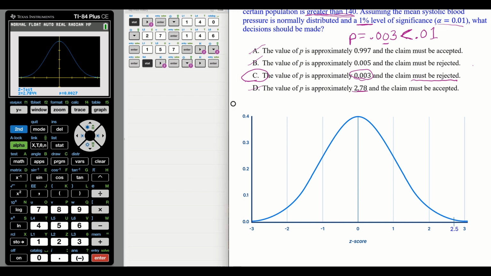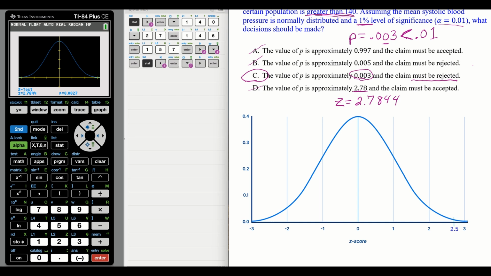Looks like they have the z-score here. Let's go ahead and write it. 2.7844. So now we've made a note of what our z-score is. We've drawn it, and we can see it's not too helpful to the human eye.